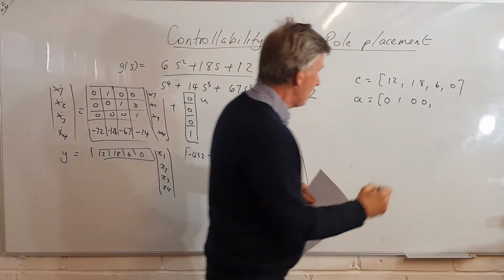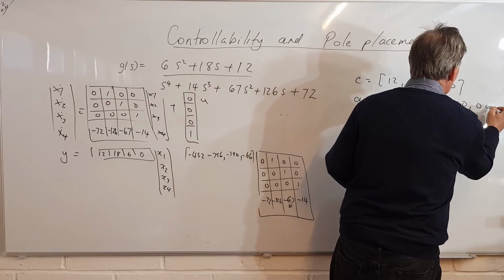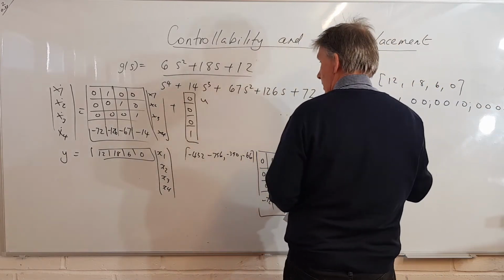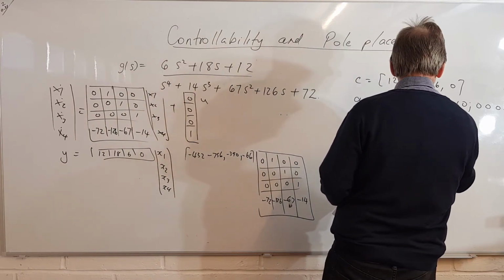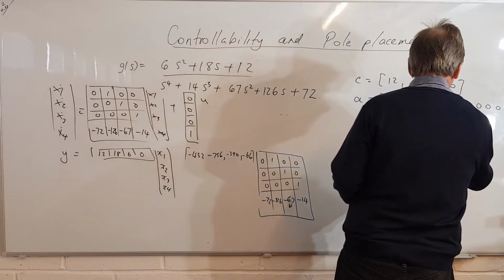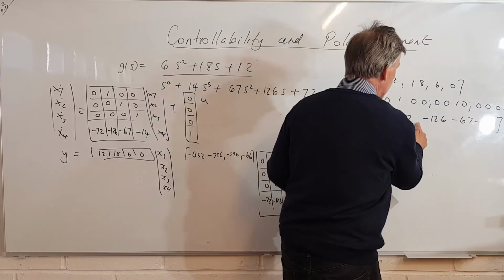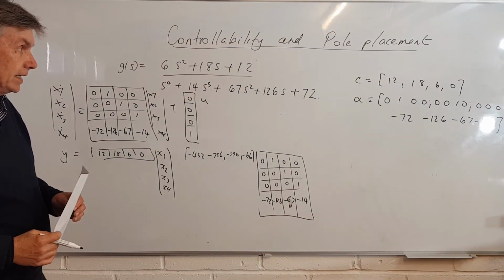Then we have to have spaces in between these numbers. That would put in our A, C and A.